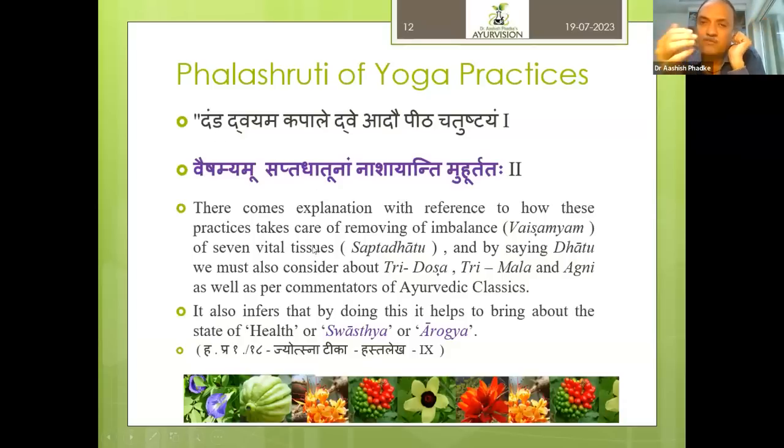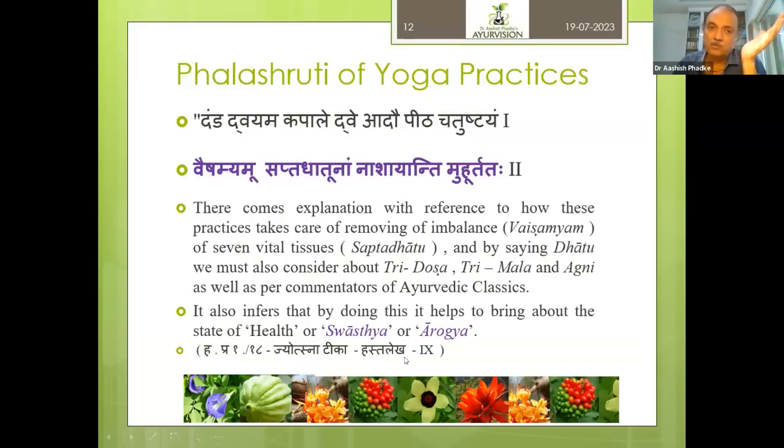Now, we saw the definition of health in the beginning, and we realized that if there is an equilibrium of dosha, dhatu, mala, and agni, samadosha, samagnisha, just now I uttered that. So if there is a Vaishamya, then there is a disease condition. And even when we say dhatu vaishamya here, then you have to understand dosha, agni, and mala as well.